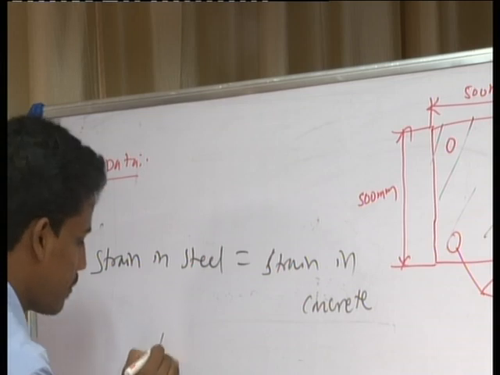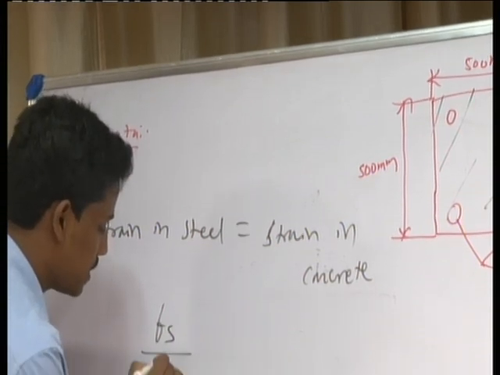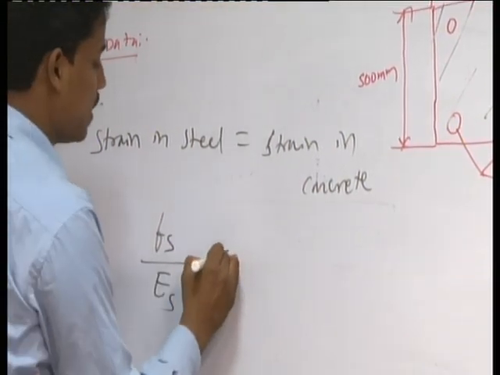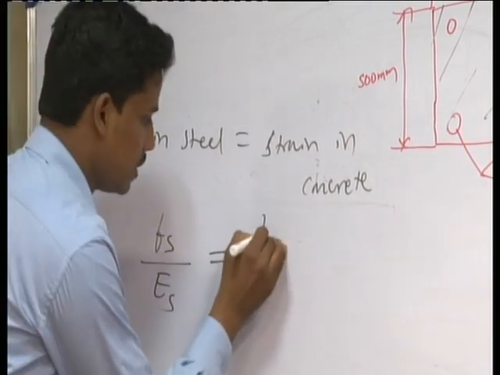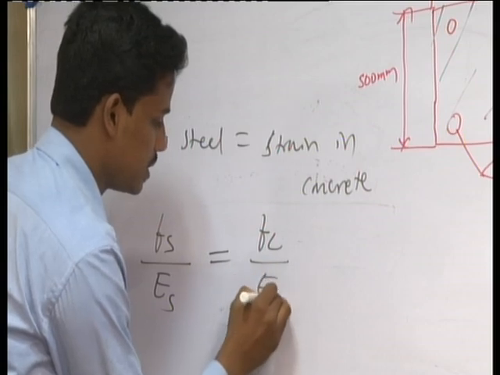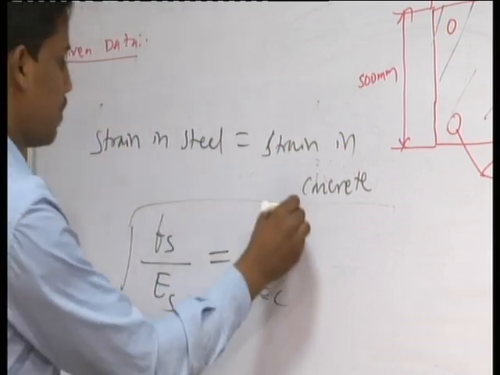So Fs by Es is equal to Fc by Ec. This is a very important expression.